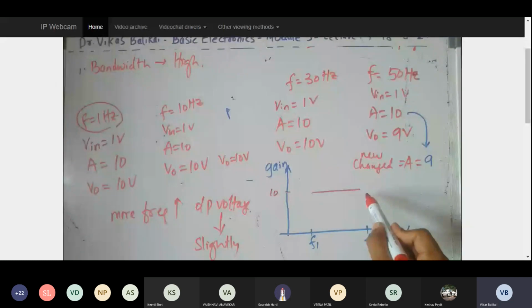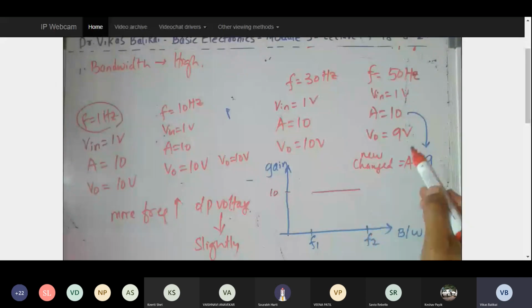But after 49 hertz or after 50 hertz, if I keep on increasing the frequency, the gain starts decreasing.